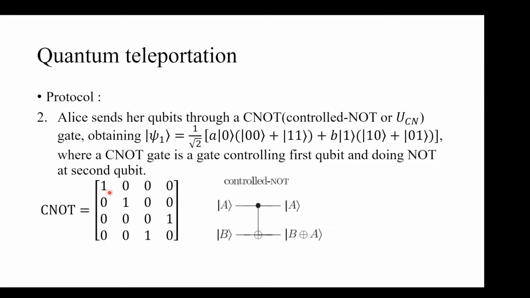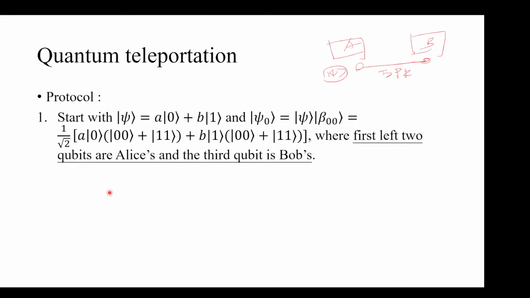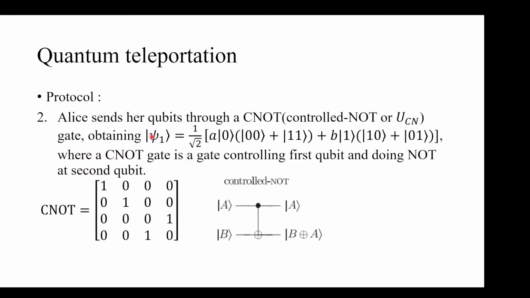So we have a control qubit and a target qubit. The control qubit is 0 or 1, and the target qubit is 0 or 1. As we said, if the control qubit is 0, it does nothing, so A00 plus 11 is still A00 plus 11.